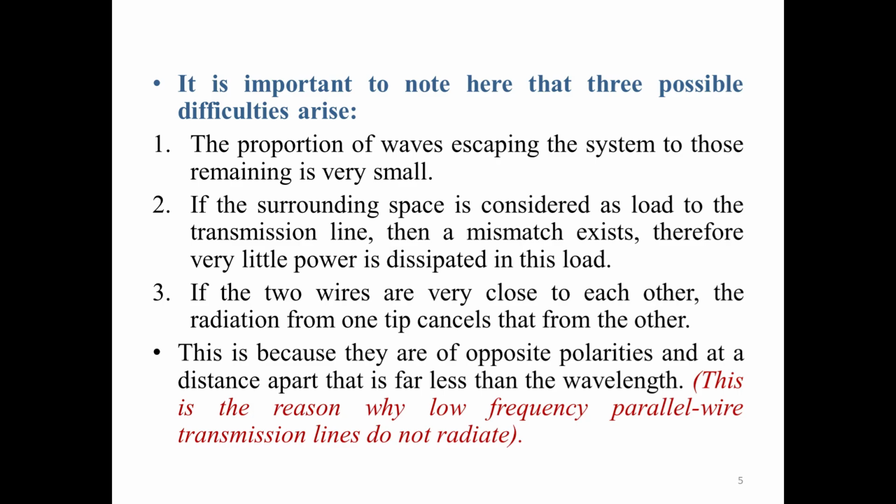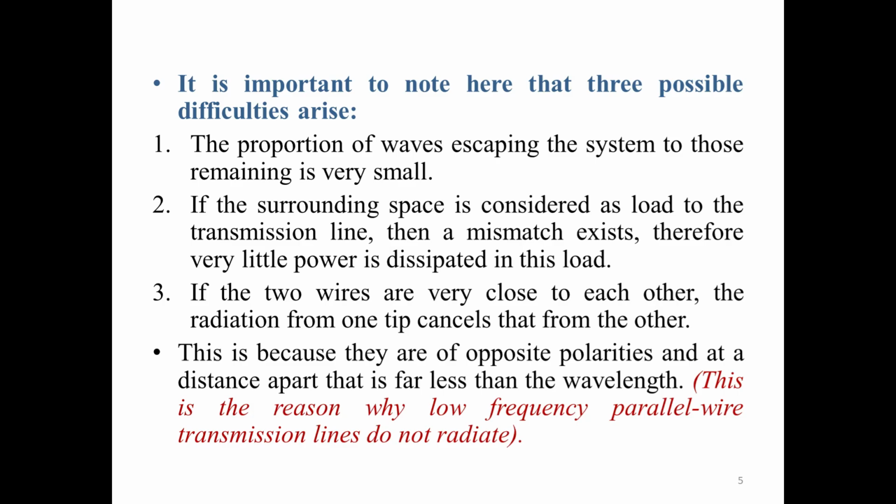3. If the two wires are very close to each other, the radiation from one tip cancels that from the other. This is because they are of opposite polarities and at a distance apart that is far less than the wavelength.